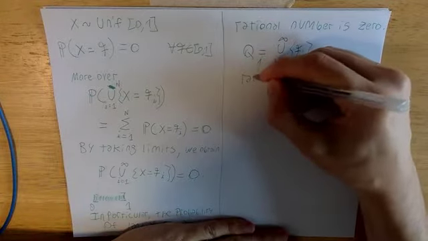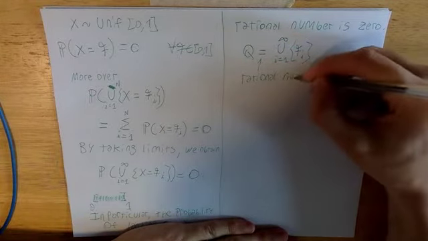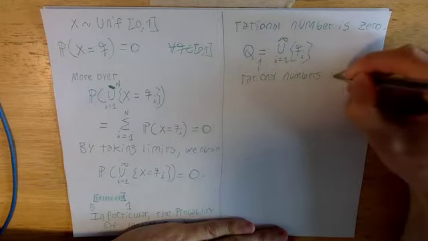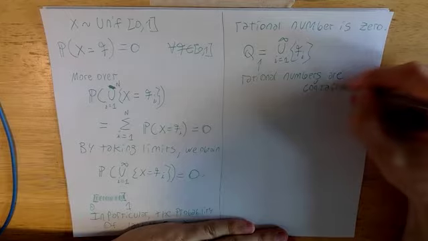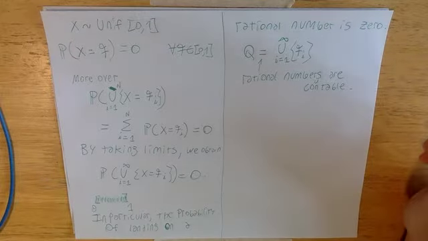What I'm saying is that rational numbers are countable.